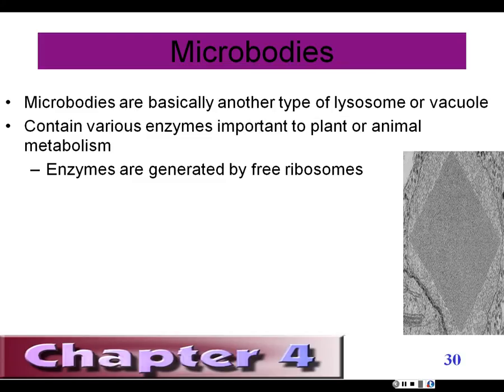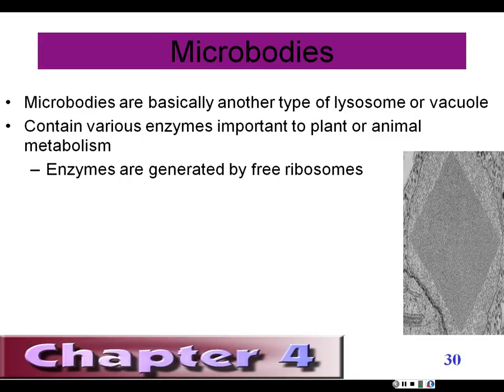The other word that you're going to know for a specific type of microbody is a peroxisome, okay? And there are peroxisomes found in the liver, and their job is to hydrolyze hydrogen peroxide. It turns hydrogen peroxide into water and oxygen gas.